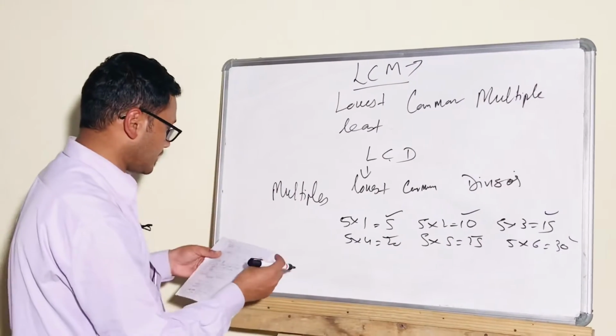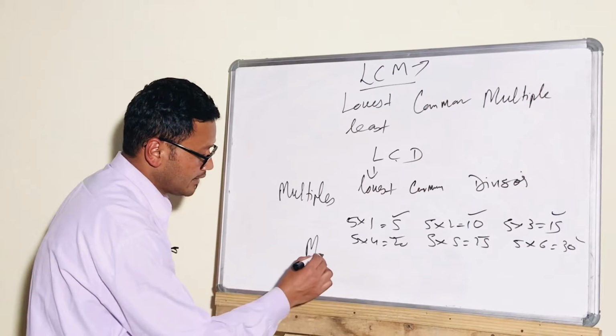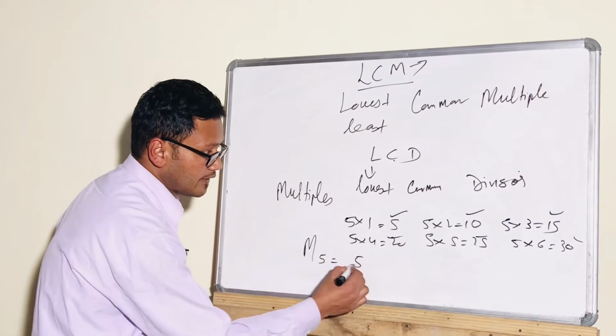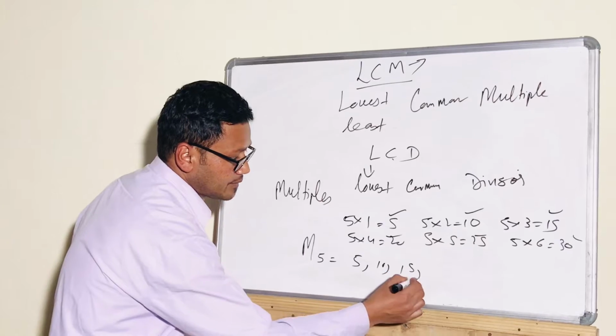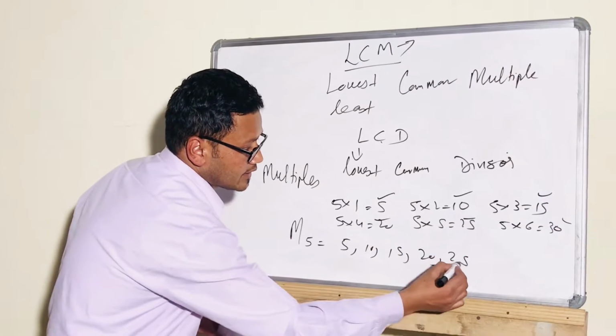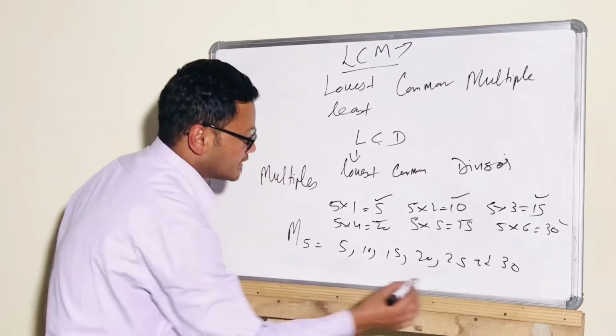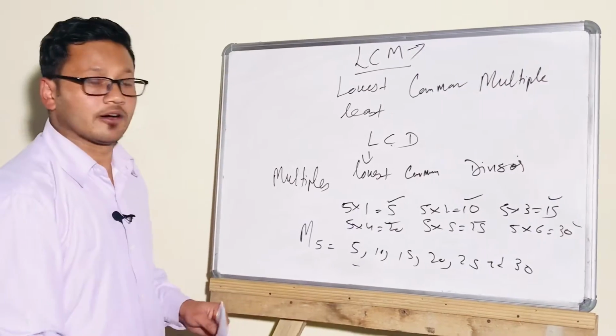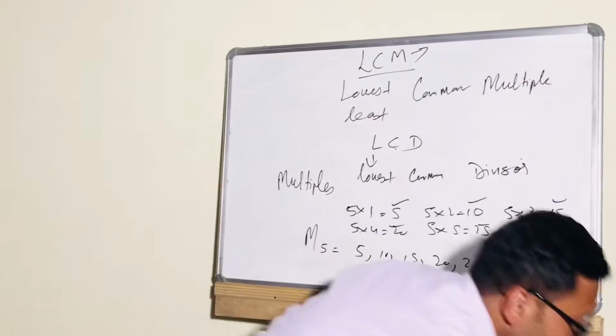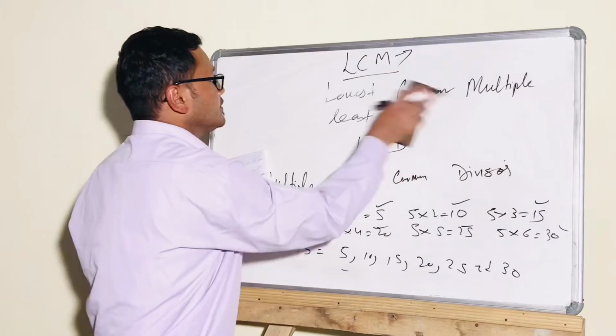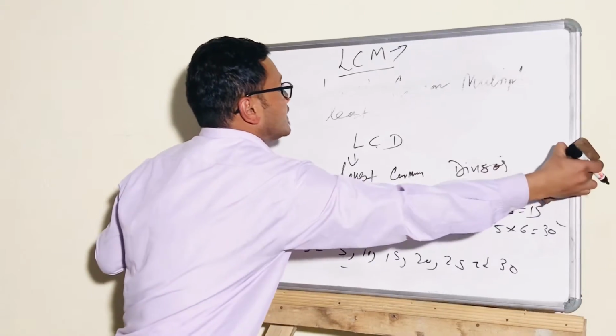These are the multiples of 5, or we can write M5: 5, 10, 15, 20, 25, 30.